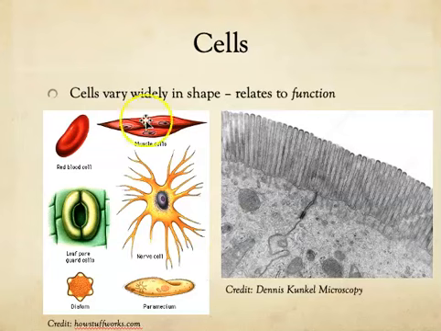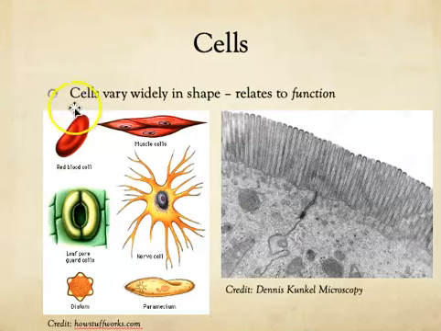So, for example, if you're a red blood cell and your function is to both carry oxygen to tissues, exchange that oxygen for carbon dioxide, and then carry the carbon dioxide away from tissues, it's critically important that you have as much surface area to your membrane as possible.